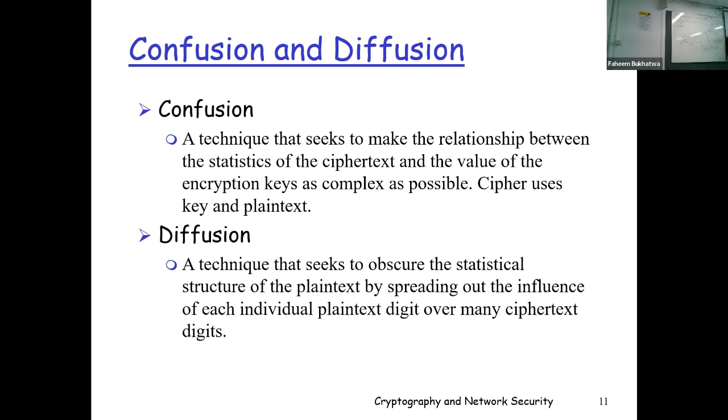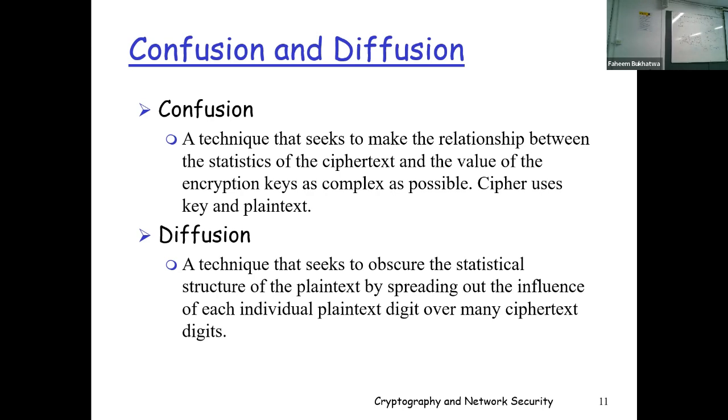So confusion of an encryption system hides the relationship between the key and the ciphertext, while diffusion is trying to hide the relationship between the input and the output, or the plain text and the ciphertext.